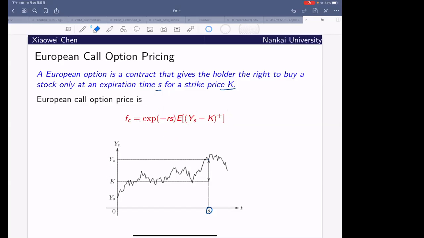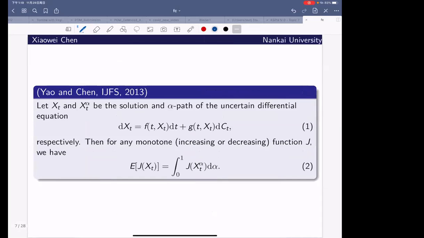After we have this price formula, the next question is that we want to find the value of this formula. This is a very important formula for options, and giving the solution is very important work in uncertain differential equations. Very fortunately, this work has been done by Xiaowei and me.